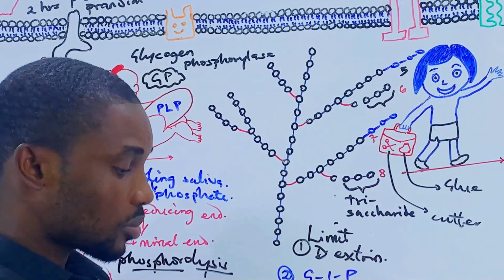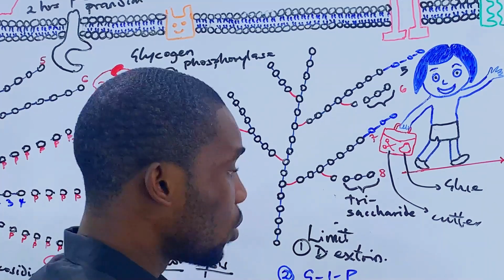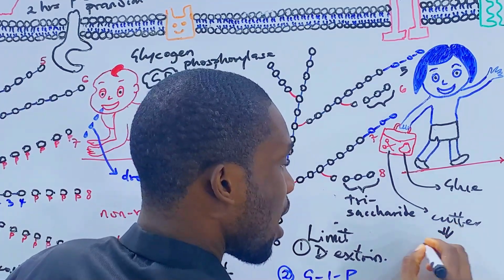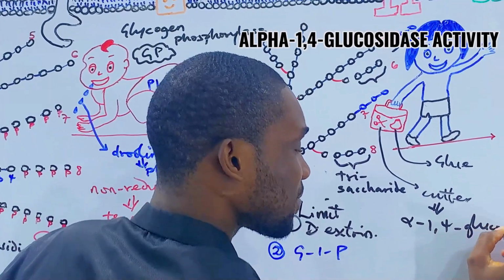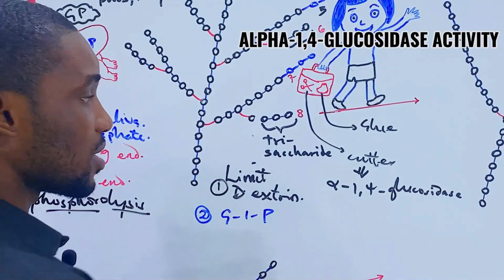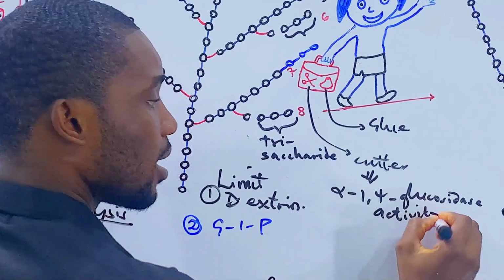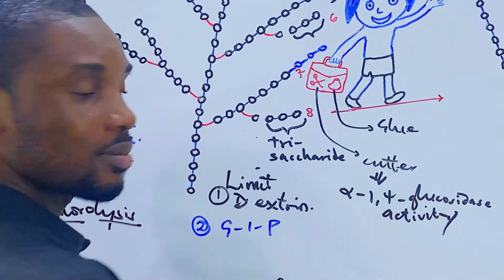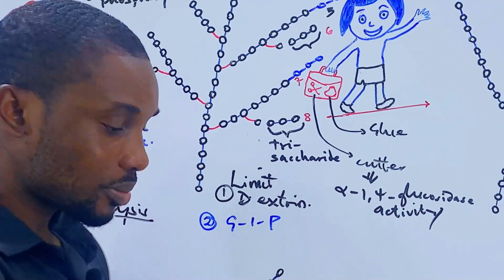So you can see that the cutter had an activity known as alpha 1,4 glucosidase. Alpha 1,4 glucosidase activity, right? Because it broke the alpha 1,4 bond.